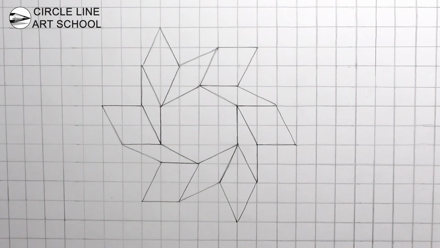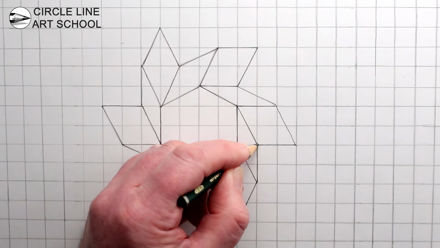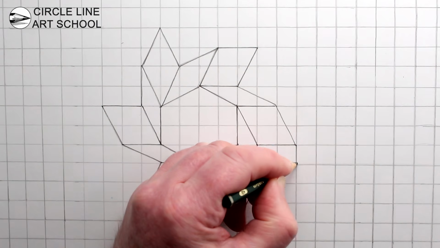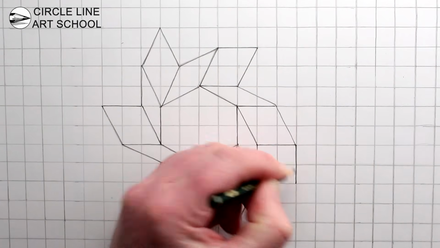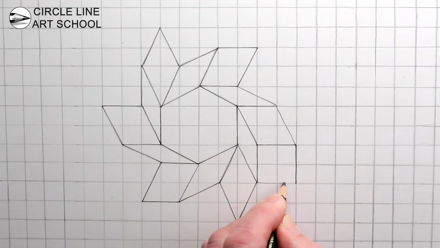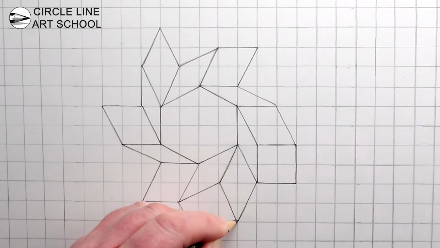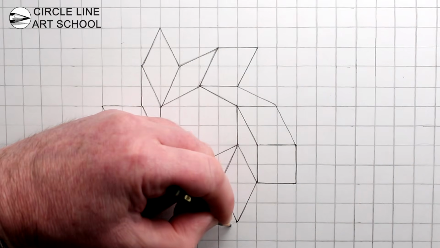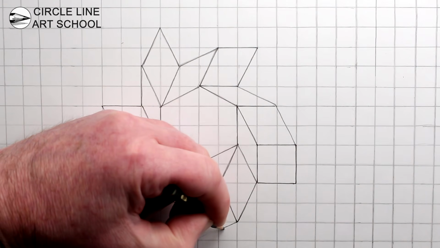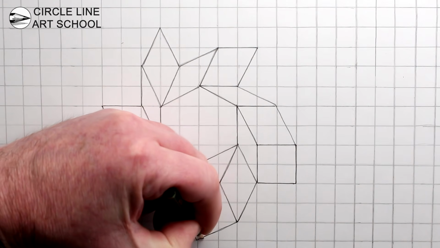When you're ready, we can draw 2 more lines to create a square, which is 2 by 2. The next square that we can draw is also 2 by 2, but it's the length of 2 diagonal squares by the length of 2 diagonal squares.